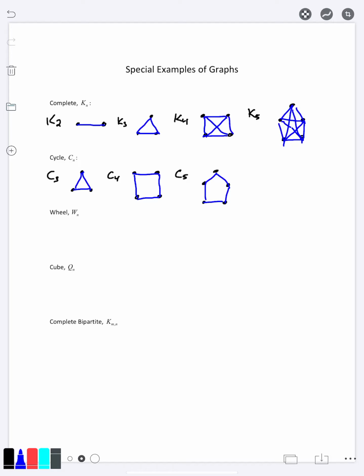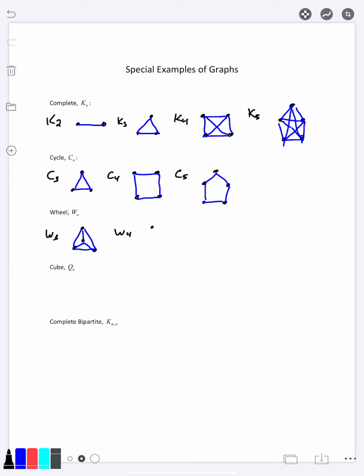Now, for the wheels, they are very similar to these cycles. And you might be bothered here by the fact that my W3 is actually going to have four vertices. And that's because you're going to start with the cycle C3, and then you're going to add a middle point that connects to everything.